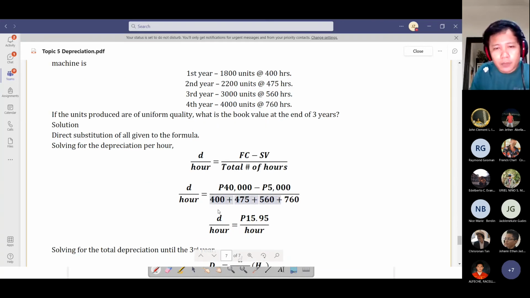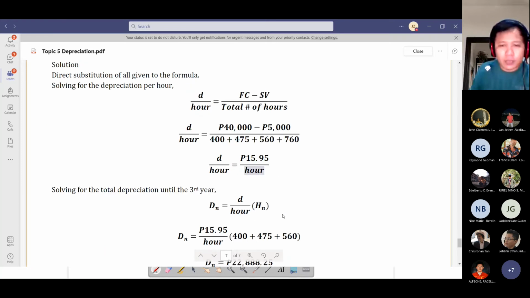For this problem, the equipment will depreciate a total of 15.95 pesos every hour it is used. So almost 16 pesos per hour. So put 16. Every hour, 16. Another hour, 16 again. So every hour of use of this equipment has its equivalent amount.